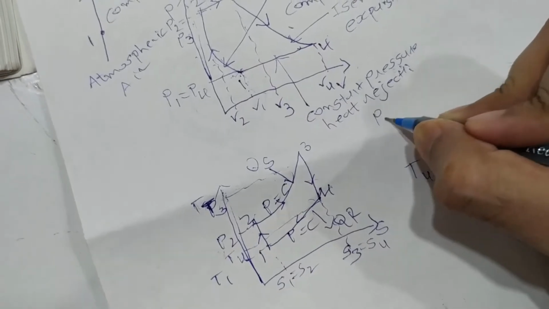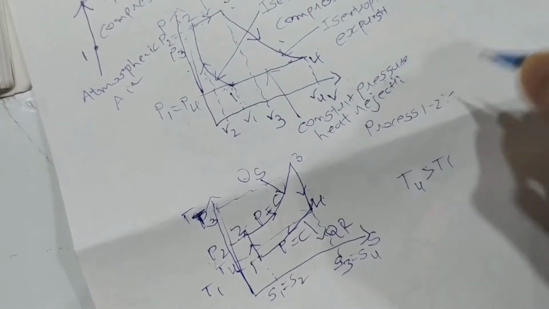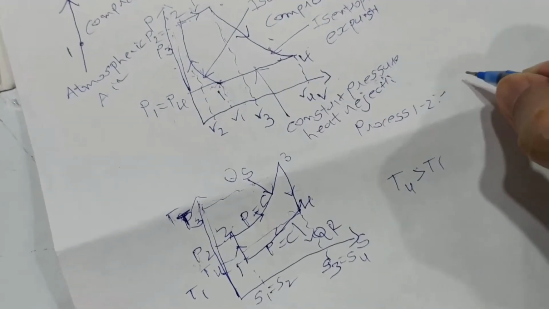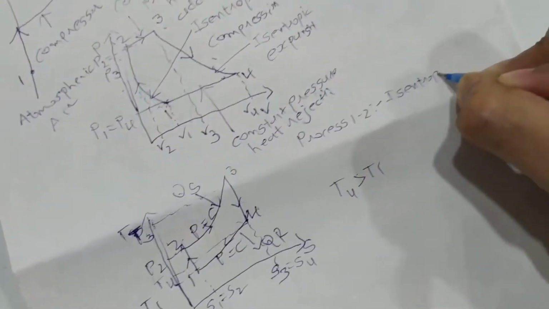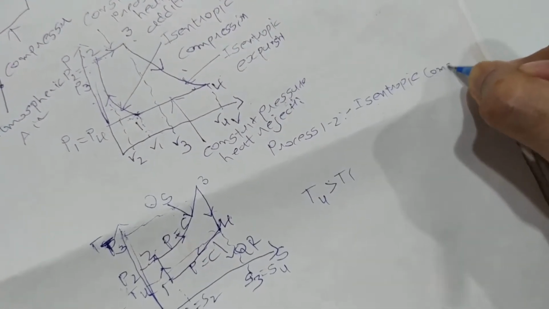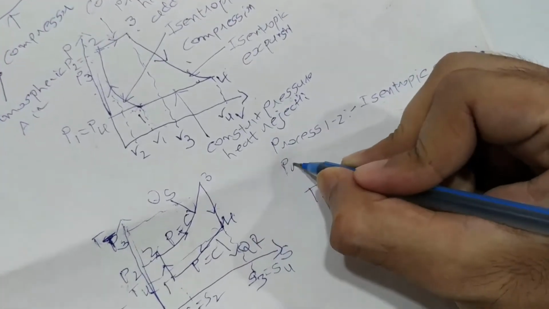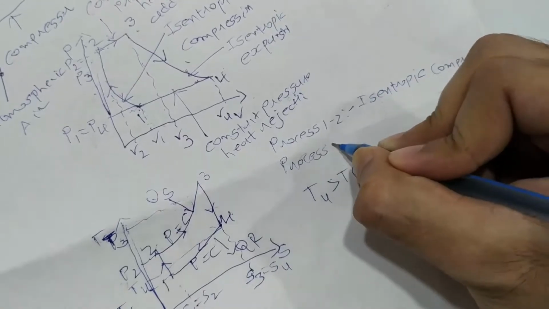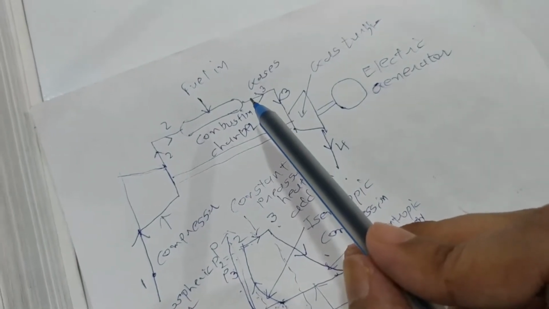Process 1-2 is isentropic compression. Process 2-3, which happens in the combustion chamber, is constant pressure heat addition.